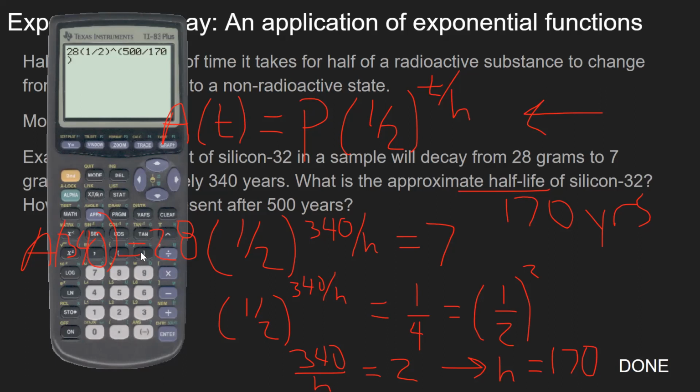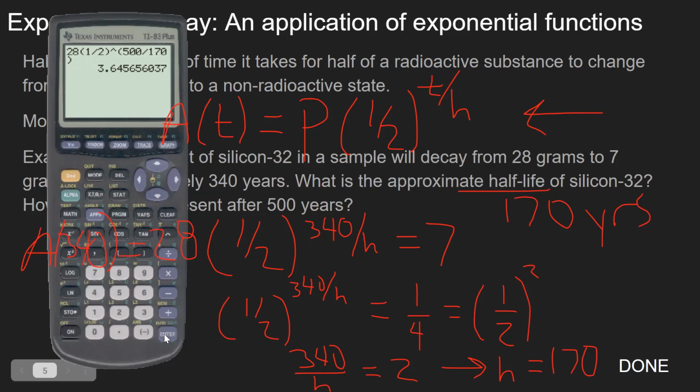Now, think about this. After 340 years, there's 7 grams that remain. After 500 years, since it's radioactive decay, you would have less than you did after 340 years. Okay, so if I hit enter, you get 3.645.